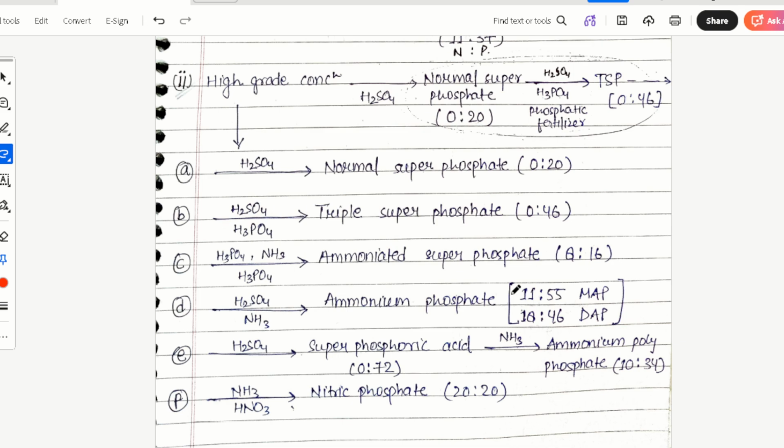If reacted with H2SO4, it is converted into superphosphoric acid, in which 72% phosphorus is available, and with ammonia it becomes ammonium polyphosphate, with 10% nitrogen and 34% phosphorus. If we react with NH3 and HNO3, it is converted into nitric phosphate, with 20% nitrogen and 20% phosphorus.